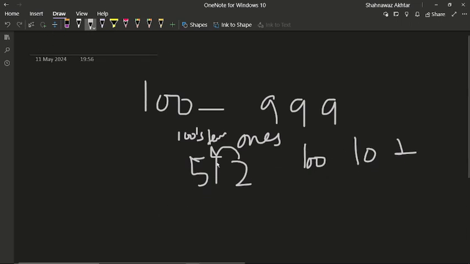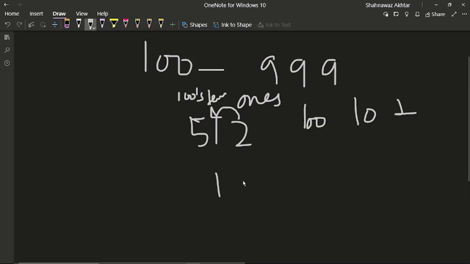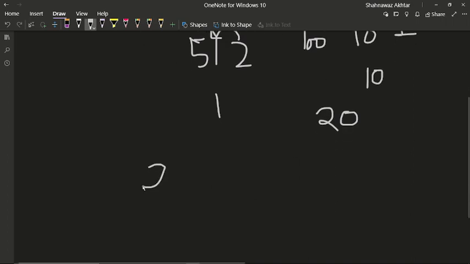See, this is 2, simply 2, then this is 20. So 20 is 10 times bigger than 2.